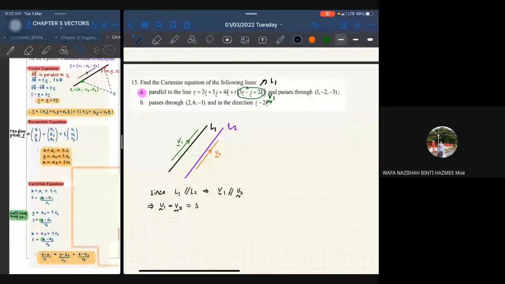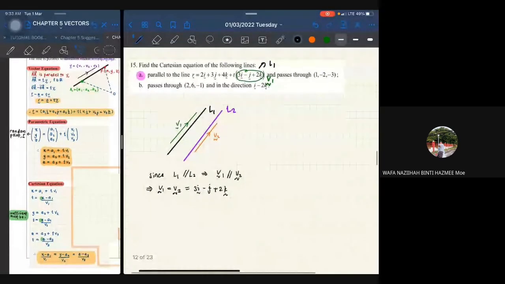Sama dengan 3i minus j plus 2k. Okay. So we can also write it in the form of column matrix, sebab lagi mudah untuk kita terus tukarkan bentuk dia. So awak akan ada 3, minus 1, 2, like this.